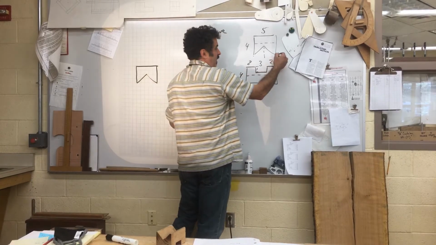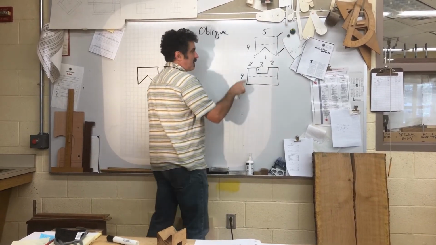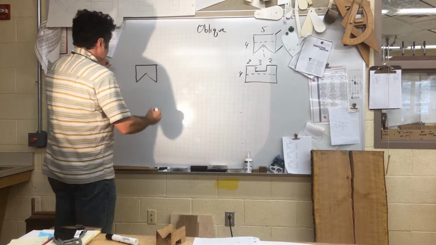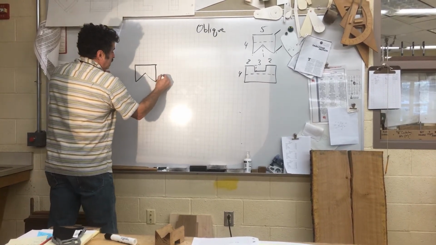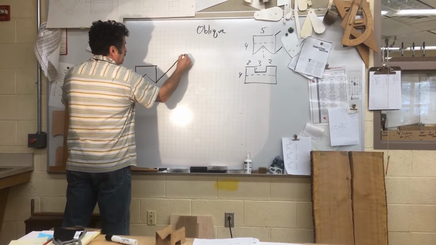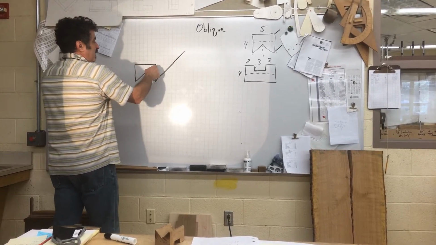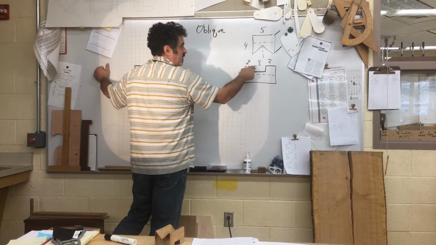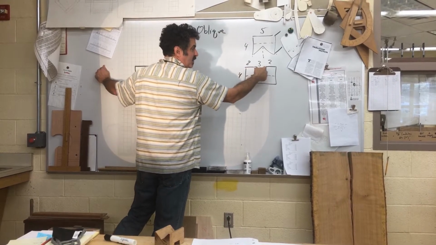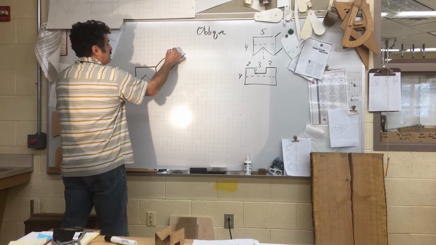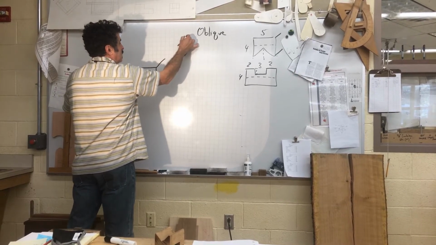Now from this corner here, it goes up like this. This corner is this corner, so we have to go 7 blocks. 1, 2, 3, 4, 5, 6, 7. From this corner we go over 2, and we skip 3 blocks, we go over 2. 1, 2, 3, 2.